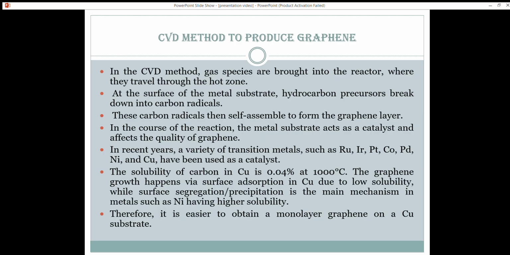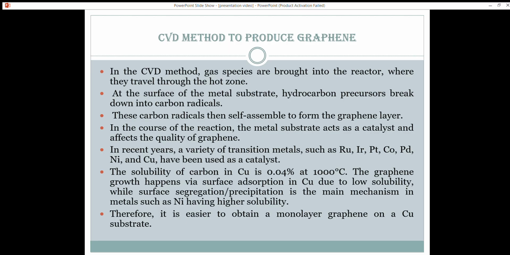In the course of the reaction, the metal substrate acts as a catalyst and affects the quality of graphene. In recent years, a variety of transition metals such as iridium, platinum, cobalt, palladium, nickel, and copper have been used as a catalyst. So what is the purpose of a catalyst? Catalysts increase the rate of the reaction, and a catalyst is specific for a specific reaction.